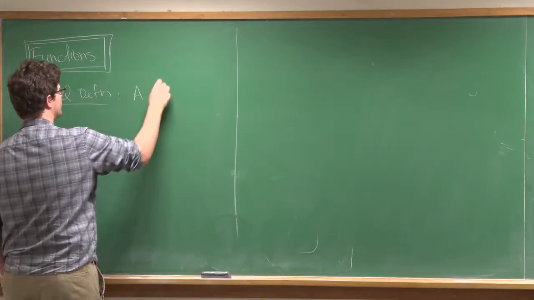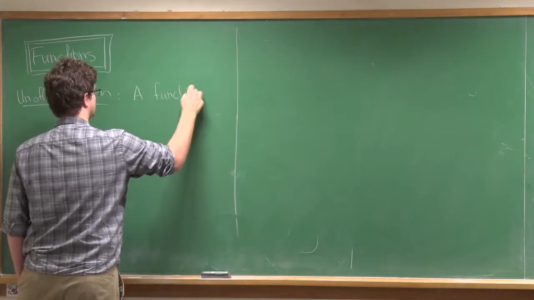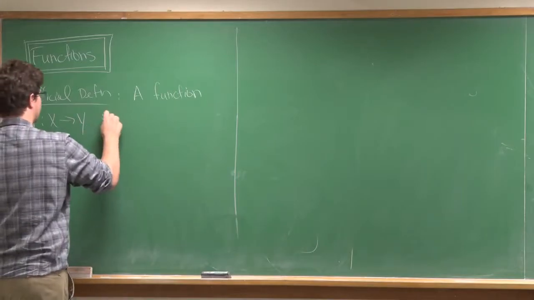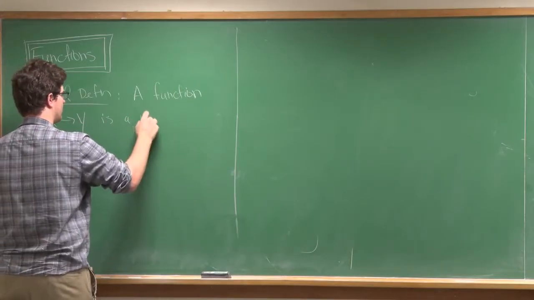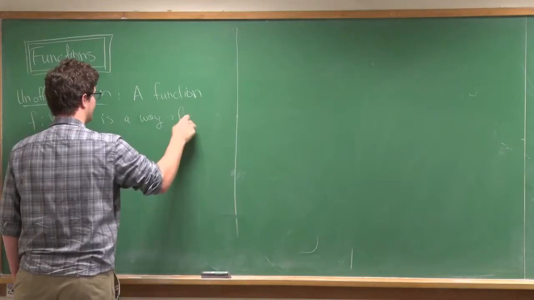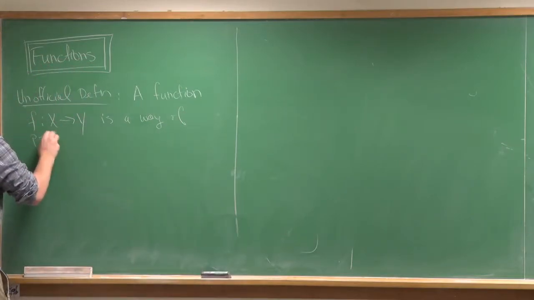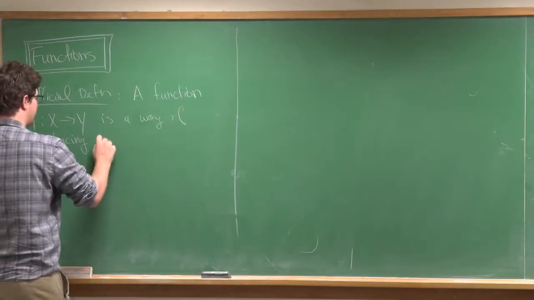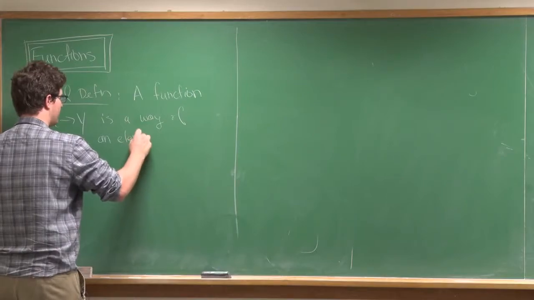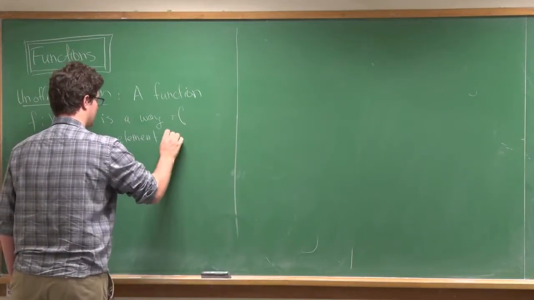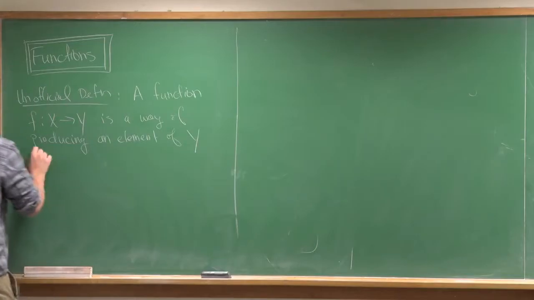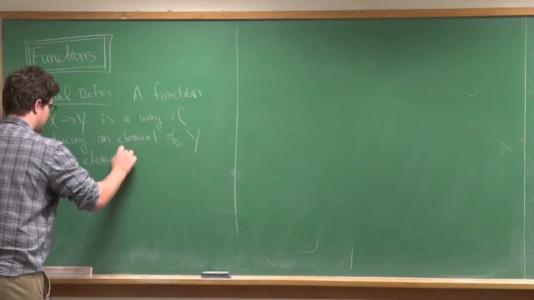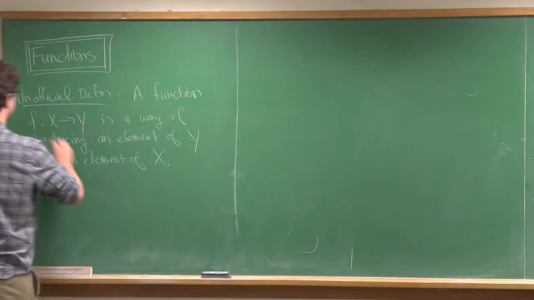A function f from X to Y is a way of producing an element of Y, an element of big Y, from an element of big X here.